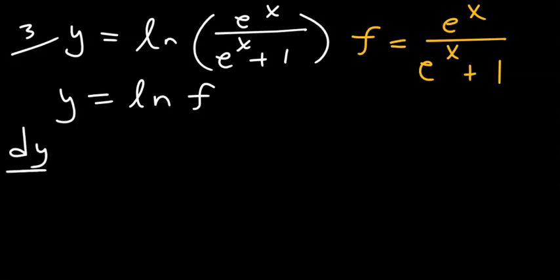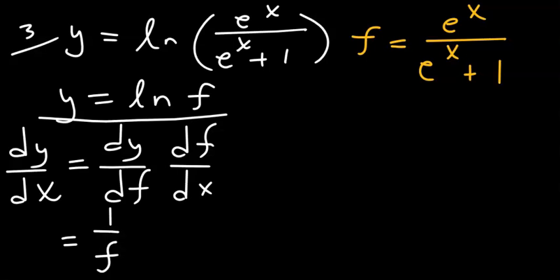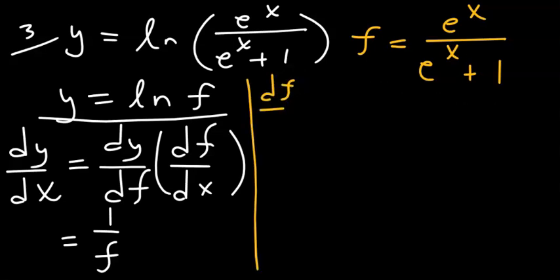So dy/dx can be written as dy/df times df/dx. Now what is dy/df from here? It is 1 over f. And what is df/dx? Now that can be determined from this function. So let's determine that first.